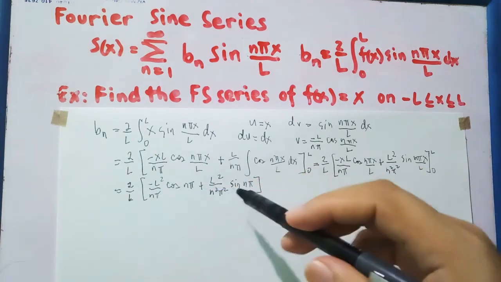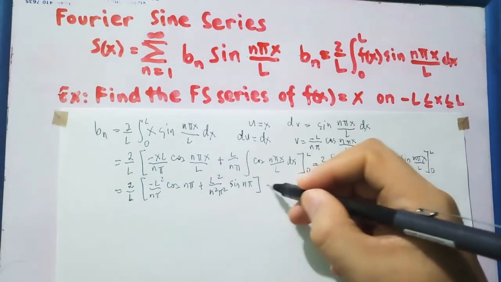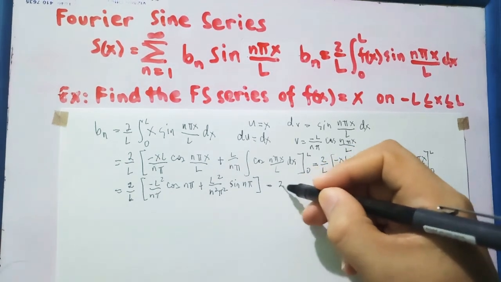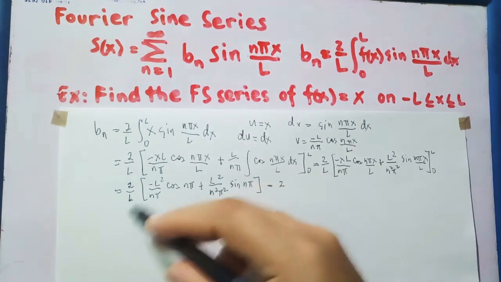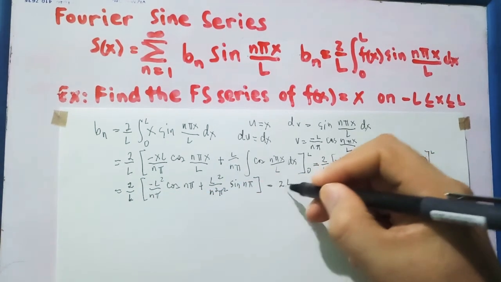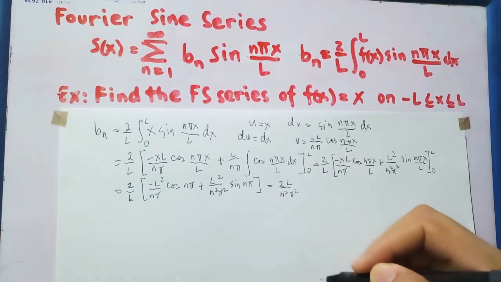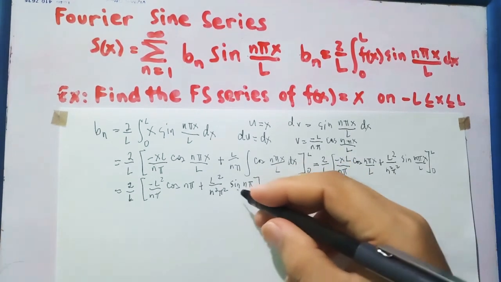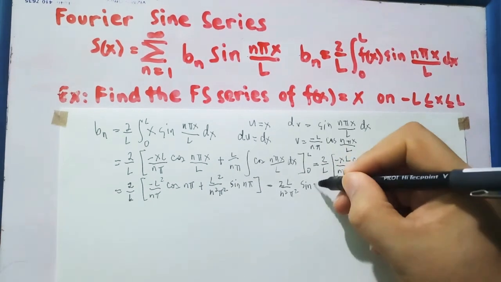Rewriting this one, I will write first the positive, so we have 2 for these ones, multiply to this one, cancel L, so 2L over n squared pi squared, and then sine of n pi.